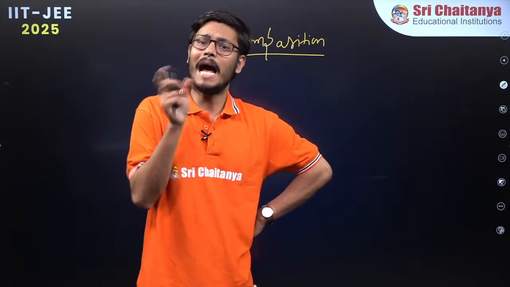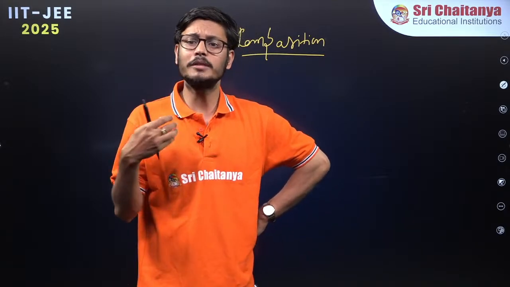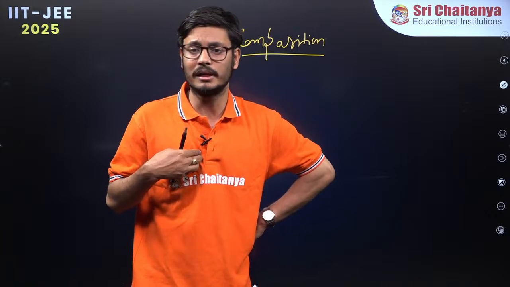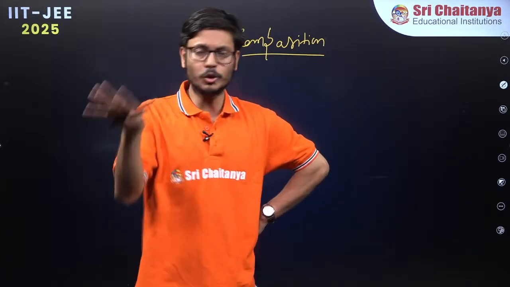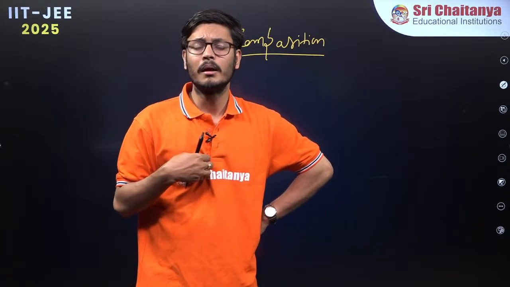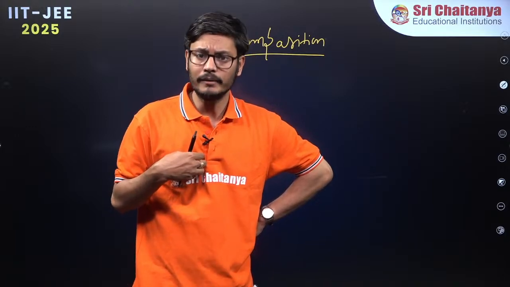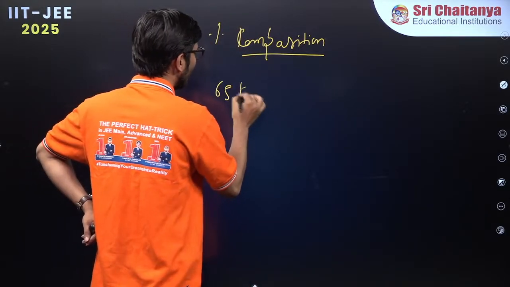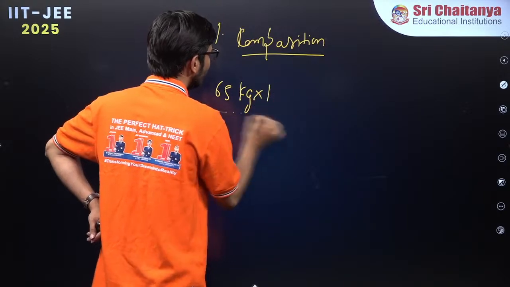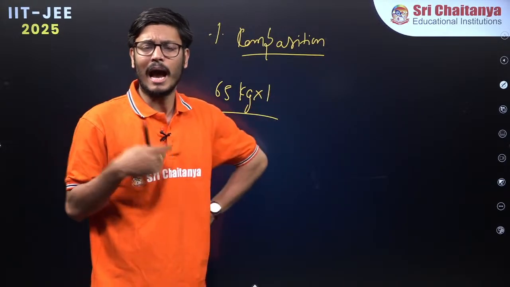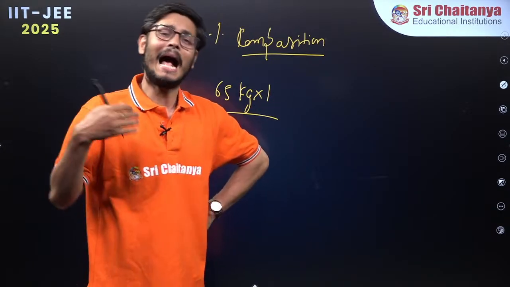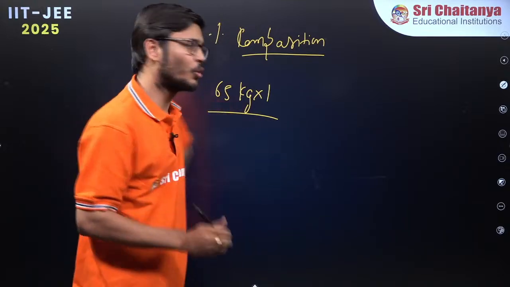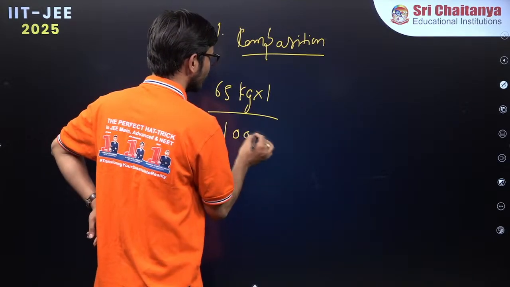So now I want to measure what is my contribution in terms of percentage in total mass. In the total mass, what is my contribution? Let us say my mass is 65 kg and in number I am only 1, yes or no? So my mass is 65 kg, and let us say the students and me combined, the total weight comes out to be 1000 kg.